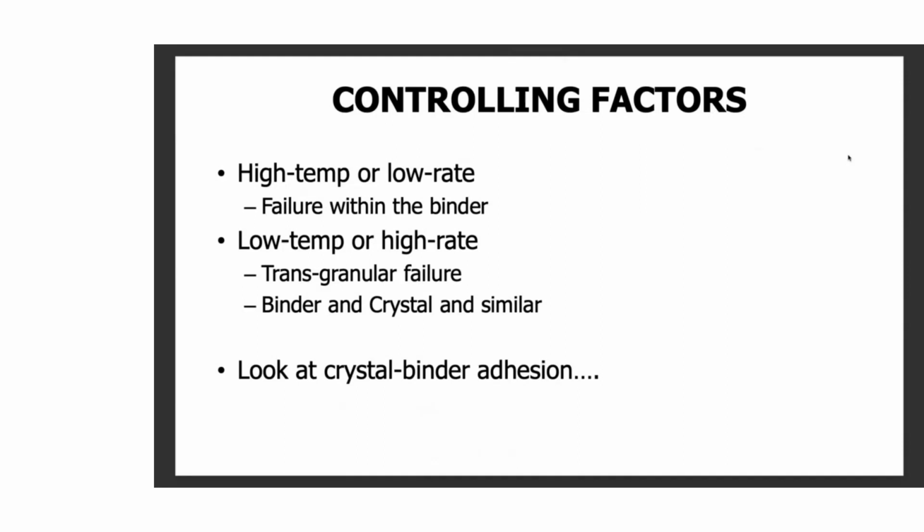So the crack goes straight along through explosive crystals, through the polymer. It doesn't go on a kind of wandering route. It goes in generally a straight line. And that's because at that point, the binder and the crystal are similar in their strength properties.